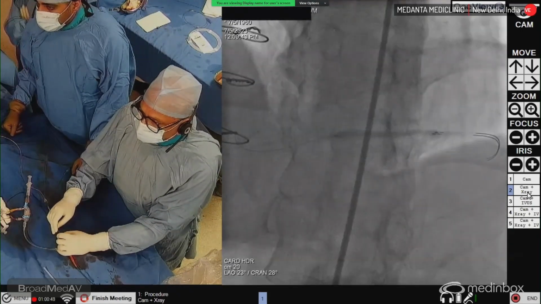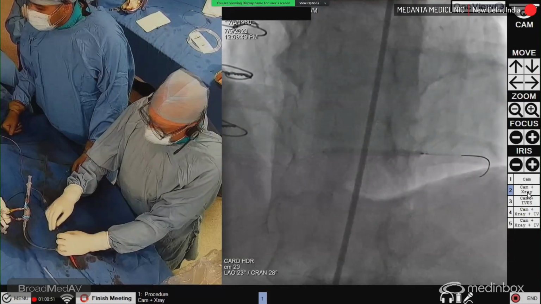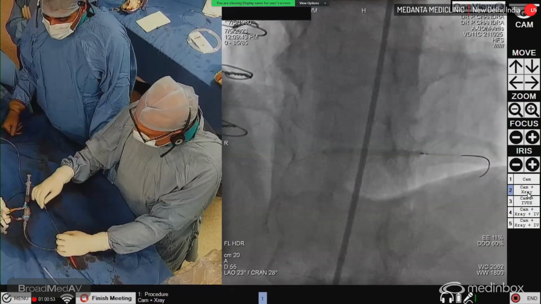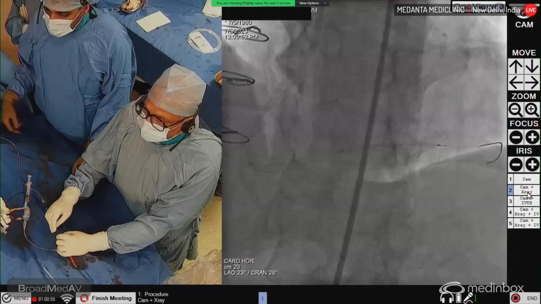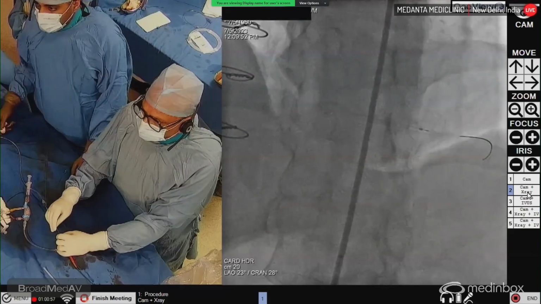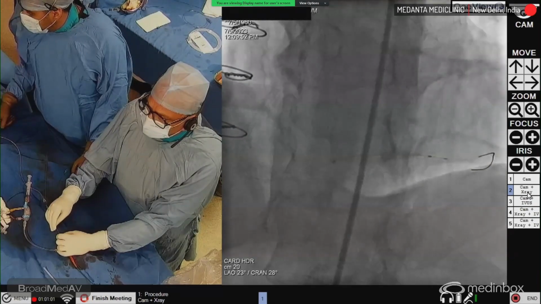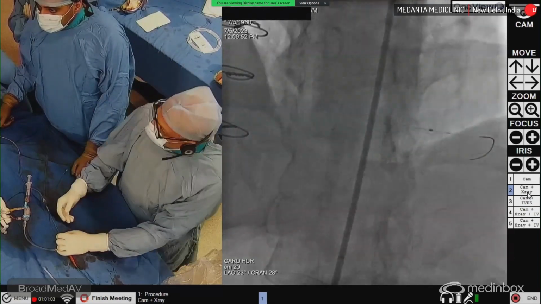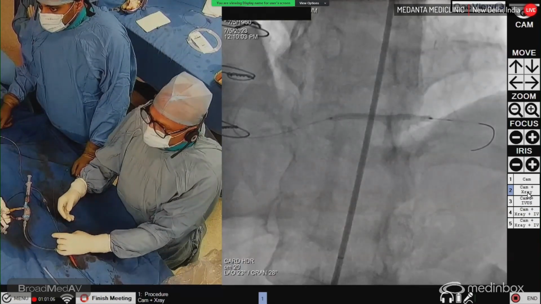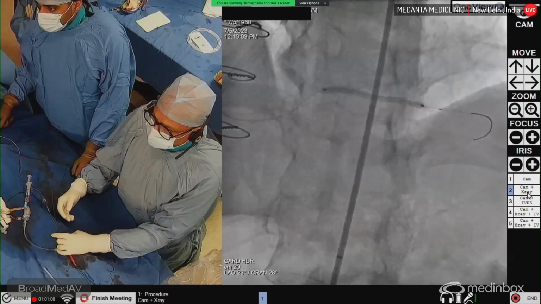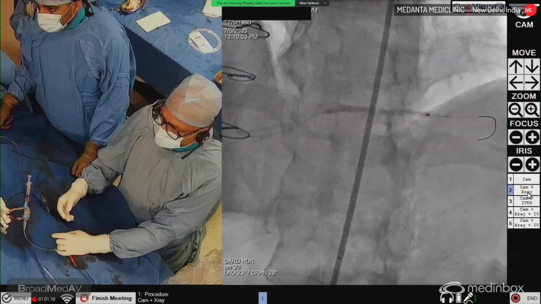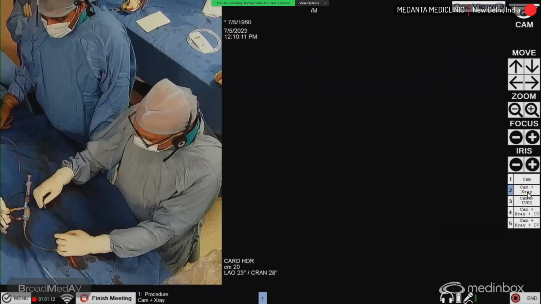So that looks good. Deflate, please. So this was 30 seconds, and 10 is nominal. Go up a little bit again. Pull it back a little bit. Okay, yeah, go up, please. 1, 2, 3, 4, 5, 6, 7, 8, 9, 10, 12. Okay, fine. So looks good.